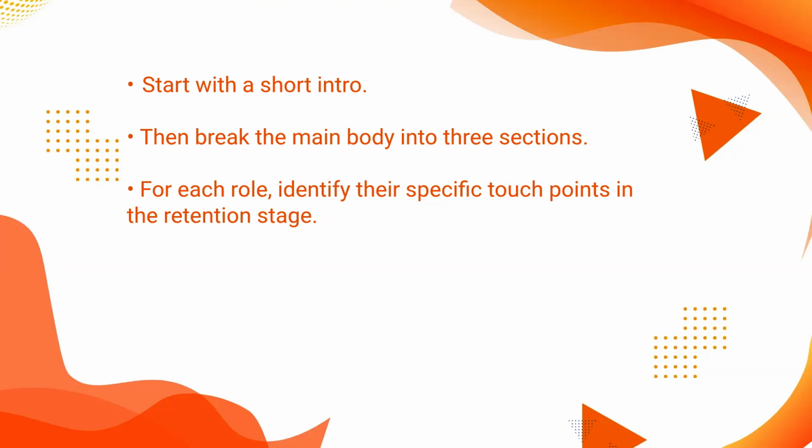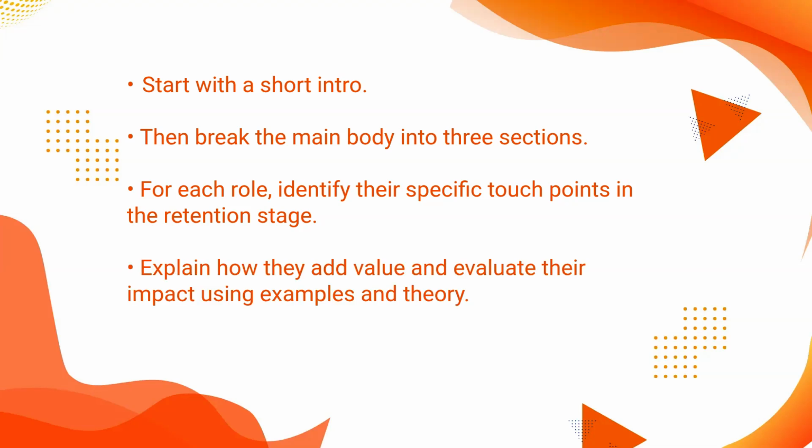For each role, identify their specific touchpoints in the retention stage, explain how they add value, and evaluate their impact using examples and theory. Wrap up with a brief summary that brings all 3 roles together, and offer your overall judgment on how their coordinated efforts can influence retention.